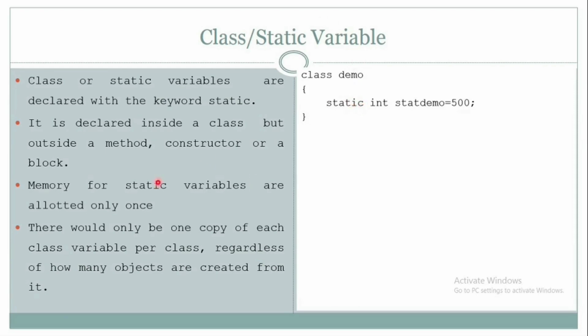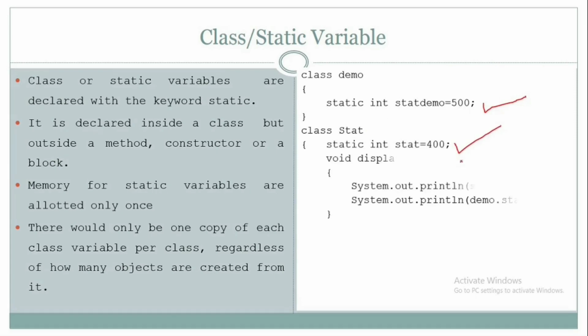We have declared a class demo. Let me take a pen. The variable is statDemo, and I have declared one more class called start, and inside that I have declared one more static variable called stat. Now to access, I have got a method called display.